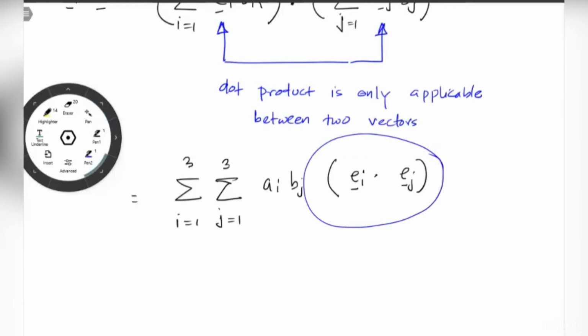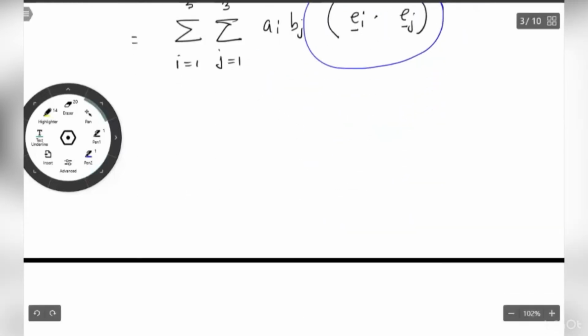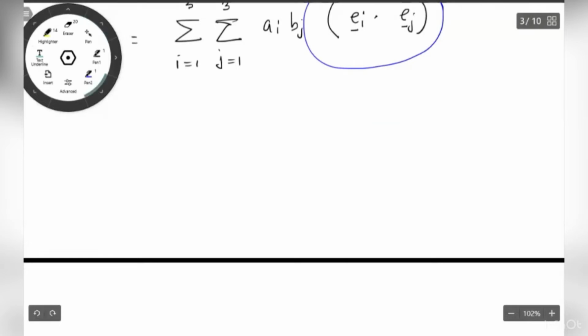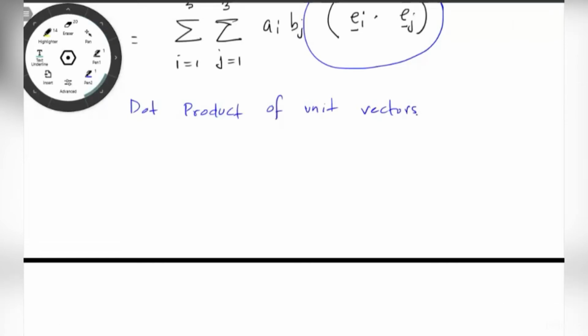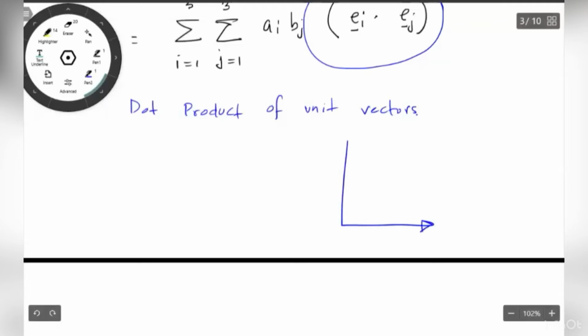Okay, so for that, let me take you back to the dot product of unit vectors. That means you have, let's say, a coordinate system. It really doesn't matter what you are writing.